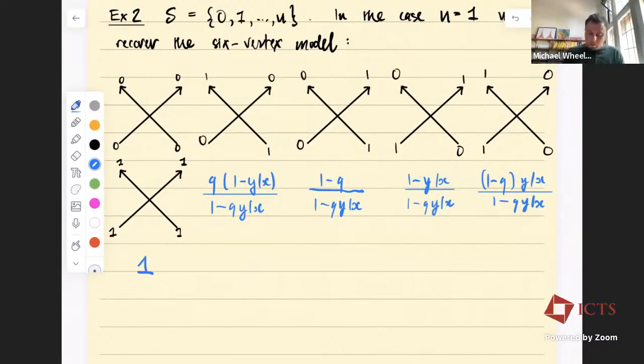Okay, that's what we have. And so indeed, you see that these are just some rational functions in the 3 parameters in the game, x, y, and q. And this is the 6 vertex model.